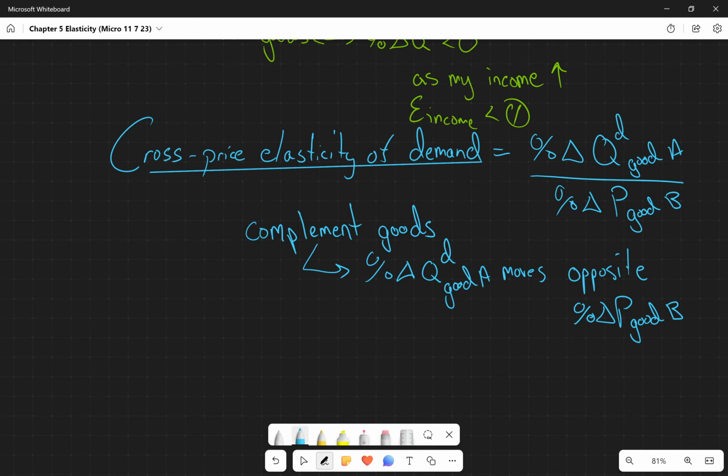So, I like to use hot dogs and hot dog buns, right? If the price of hot dogs were to increase significantly, right? If the percentage change in the price of hot dogs were to increase, that's going to result in the percentage change in the quantity demanded for hot dog buns to decrease.